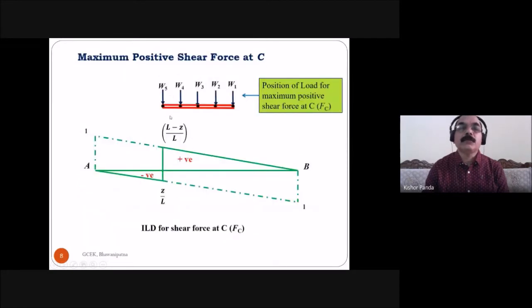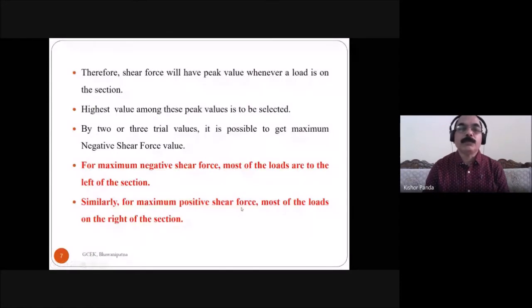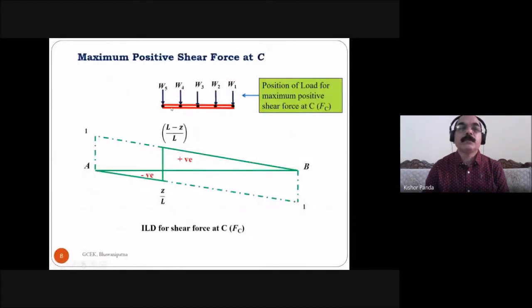This is the position of load for maximum positive shear force, that is, the load is just to the right side of the section C. This is the influence line diagram for shear force at C. In this position, you will get the maximum positive shear force.